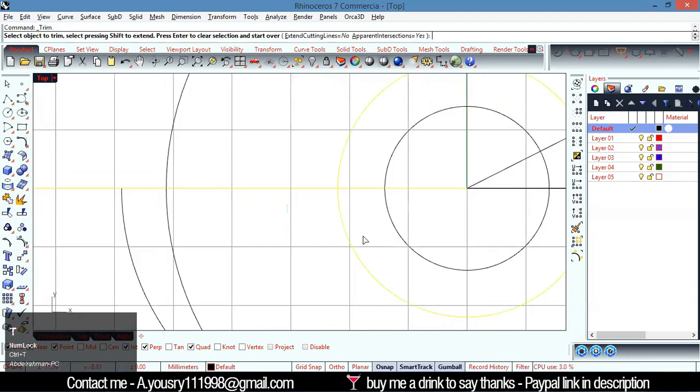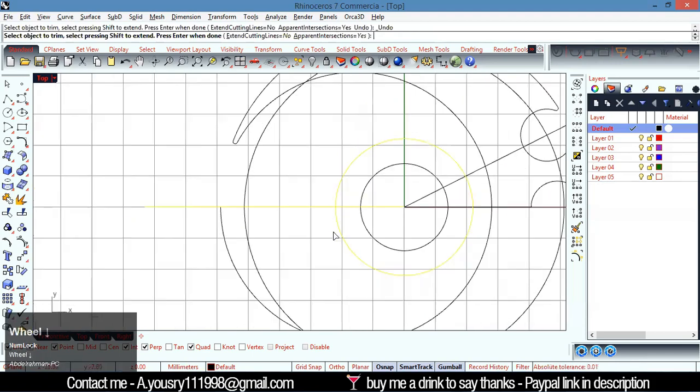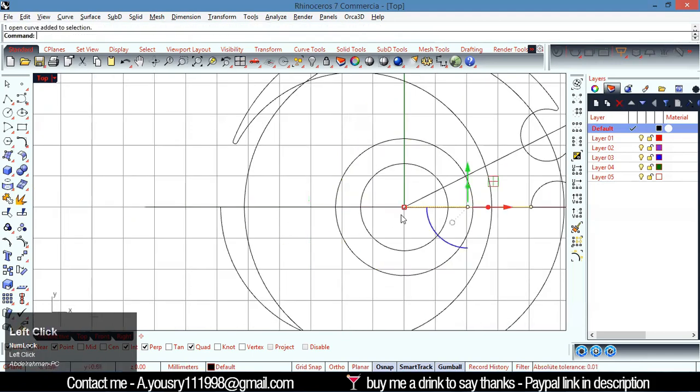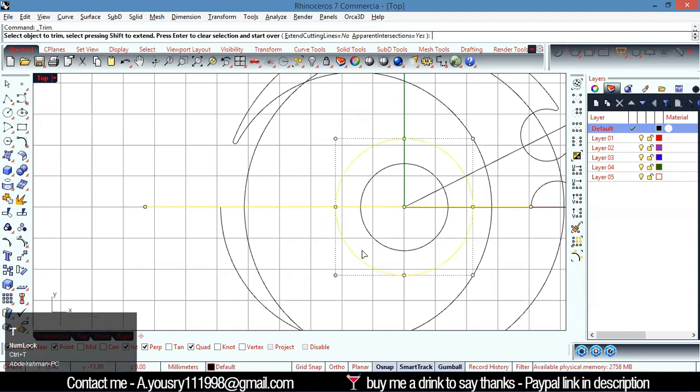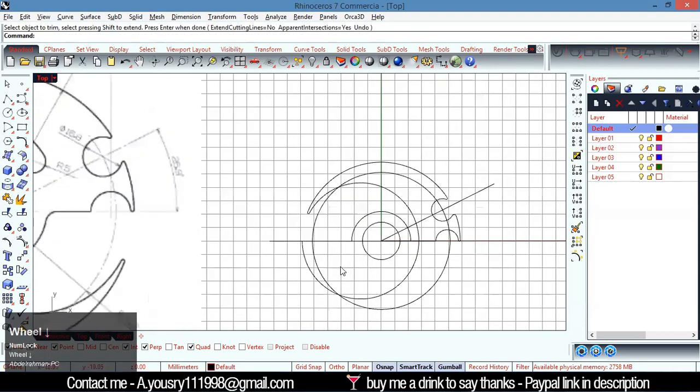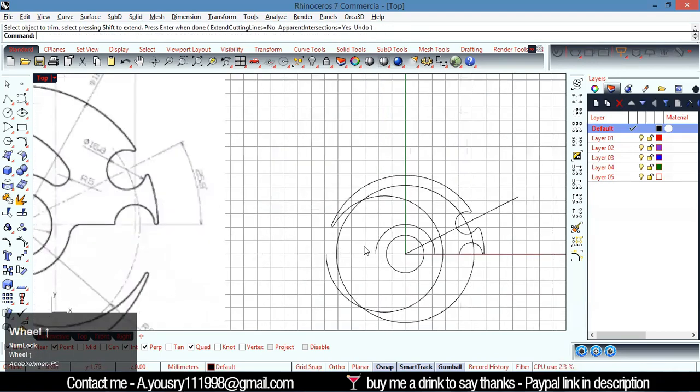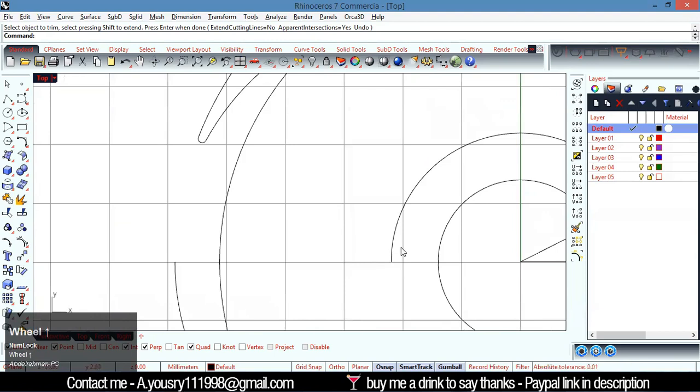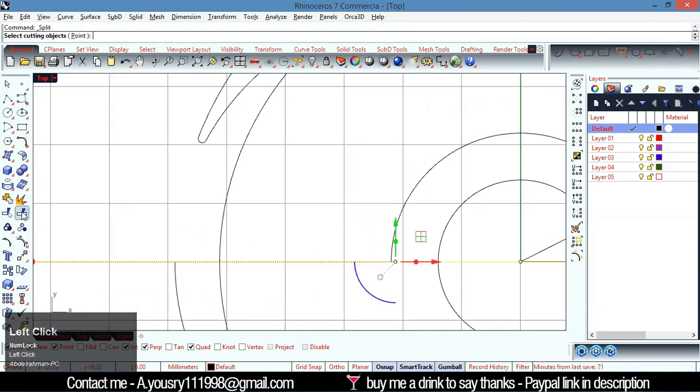Let's trim that. Control Z. Let's join them together. And these, trim. Okay, and split this line using that one.